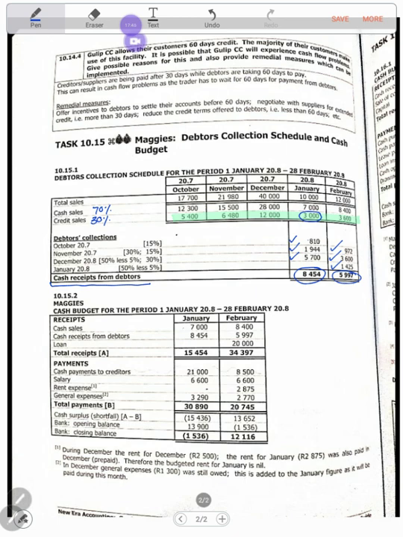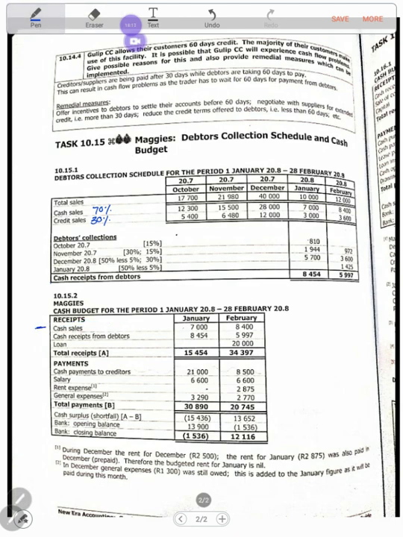for the period the 1st of Jan to the 28th of February. Remember, your cash budget is only interested in the cash that the business will be receiving and the cash that the business will be paying for which months? January and February. All right, so yes, we have receipts. We have money coming in from cash sales.